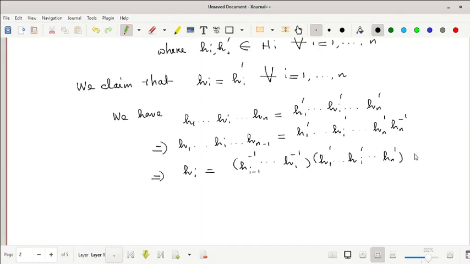This you will get, and on the right side you will get Hn inverse dot dot ultimately Hi plus 1 inverse. This thing you will get.